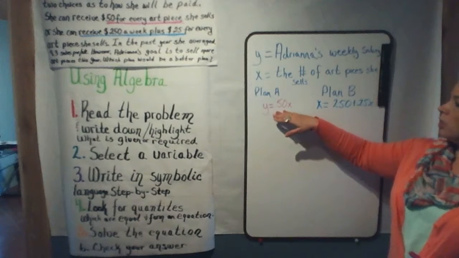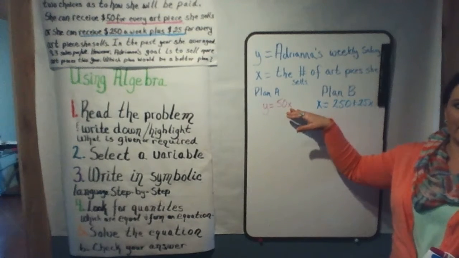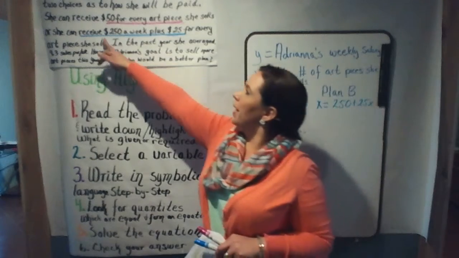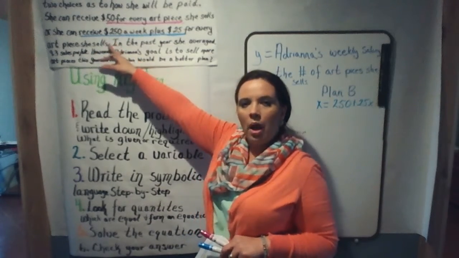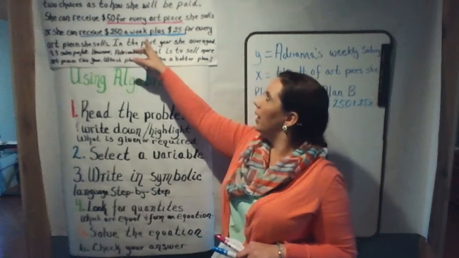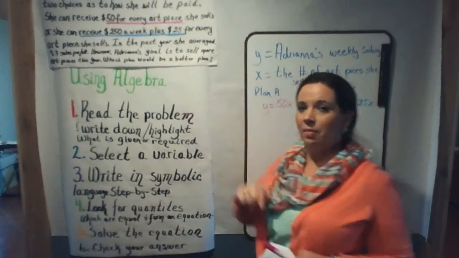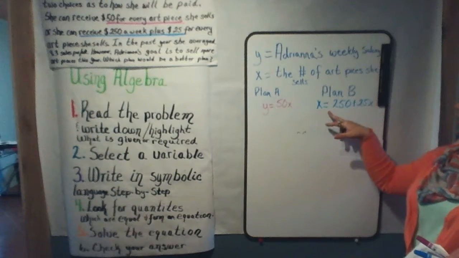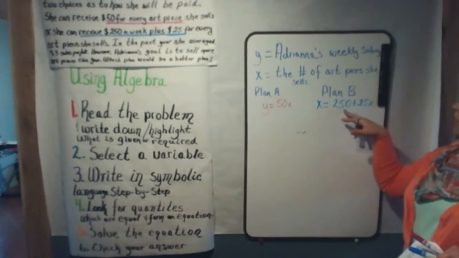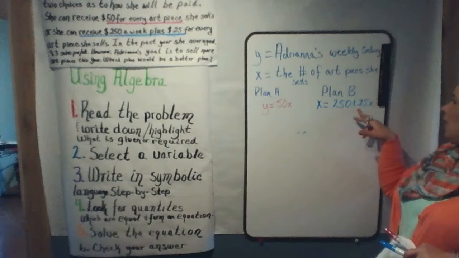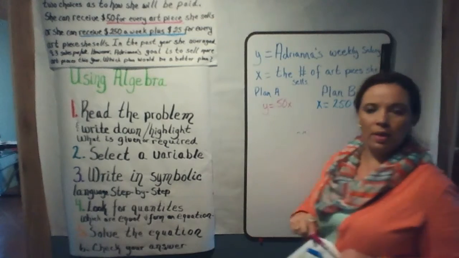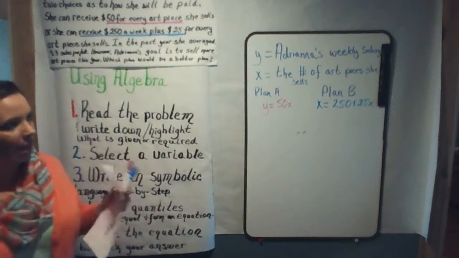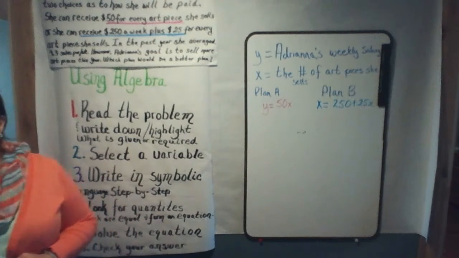So $50 times how many art pieces? All right, that's for plan A. Now for plan B, she could receive $250 a week plus $25. So plan B, I'm going to have Y equals 250 plus 25 times X. Okay, how many art pieces is she going to have to sell?